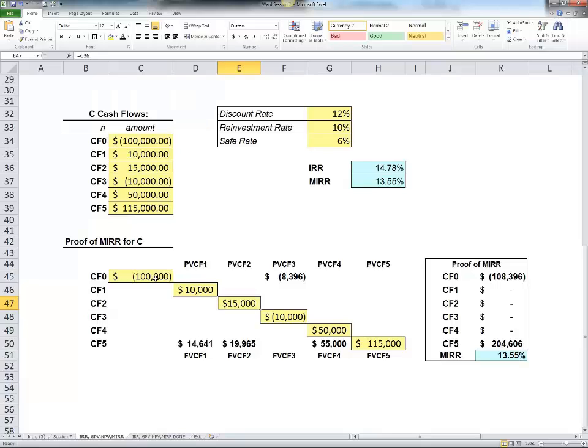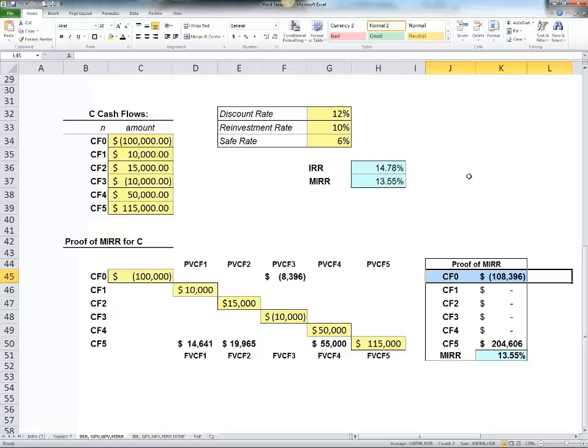But that's not the way the modified internal rate of return calculation in Excel is done. And because modified internal rate of return, MIRR, is a function in Excel, it's what's being used out there in the industry. I think it overstates your initial investment. Now, one of the things that you'll notice about a lot of financial functions and a lot of finance in general, in an academic sense, is it makes sense to err on the side of conservatism.